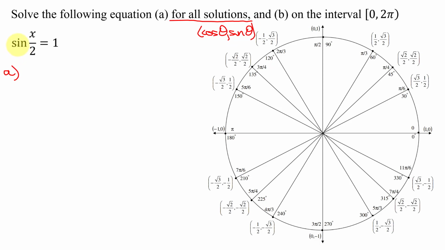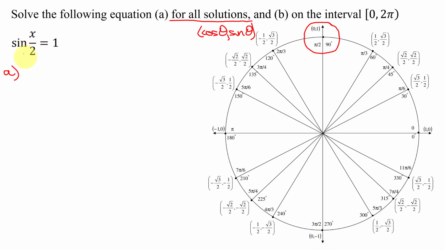And since I know the sine of x over 2 is positive 1, I'm looking for y-coordinates that are positive 1. And that occurs here. Does it occur anywhere else on the unit circle? No, because down here the y-coordinate is negative 1.